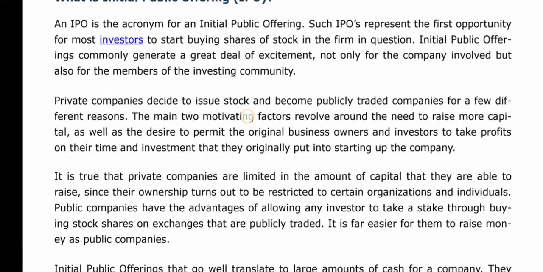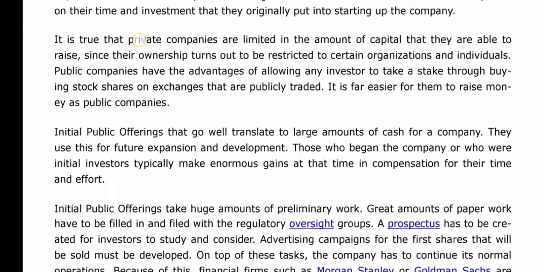The main or more motivating factor revolves around the need to raise more capital, as well as the desire to permit the original business owners or investors to tax the profits on the time of the investment that they originally put into the starting of the company. It is true that private companies are limited in the amount of capital that they are able to raise.